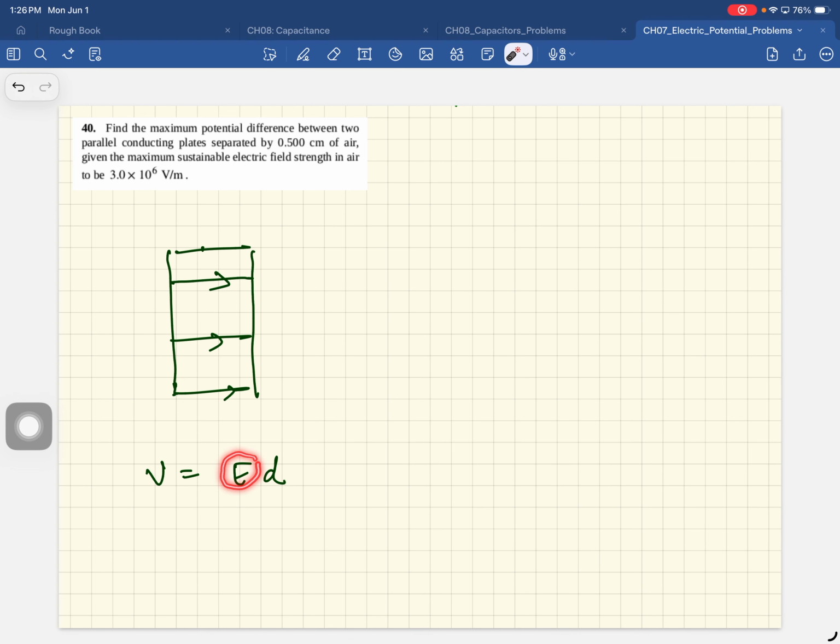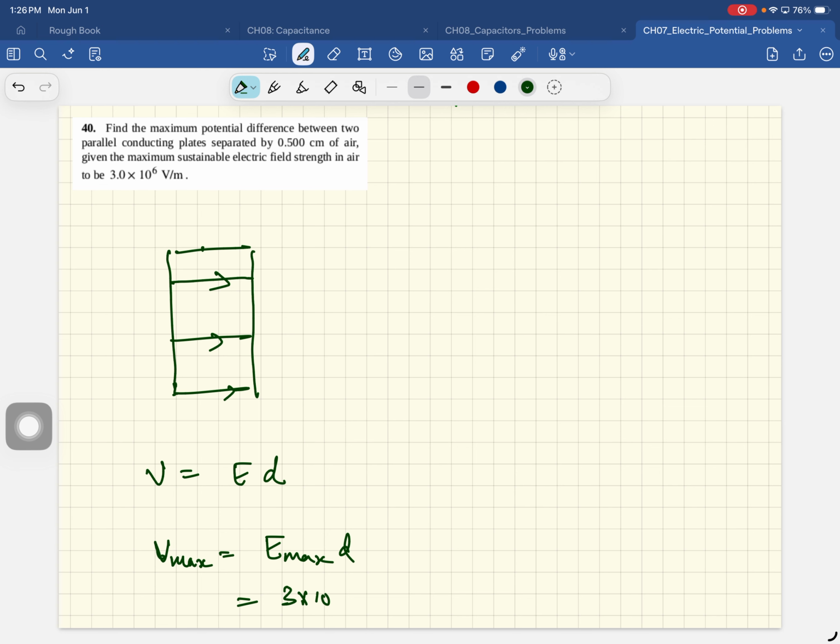Okay. What is the potential energy in MeV of a similarly charged fragment at that distance? So now you have two particles. The potential energy is K Q1 Q2 divided by R. So it's V times Q2. It's 3.31 times 10 to the 6 volts times 46 times 10 to the minus 19 coulombs.